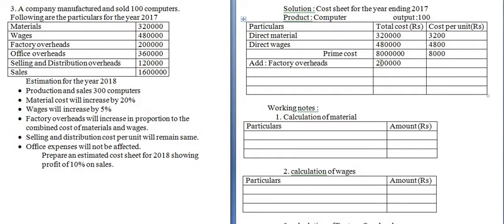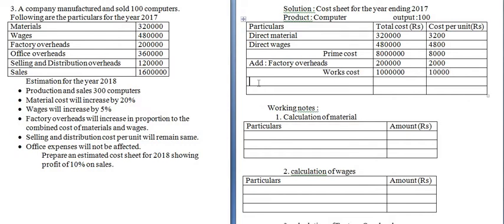Now again 2 lakhs divided by 100, so that will be 2,000. Now total of this will be called as what? Works cost. Works cost, and the total is 10 lakhs and here it is 10,000.